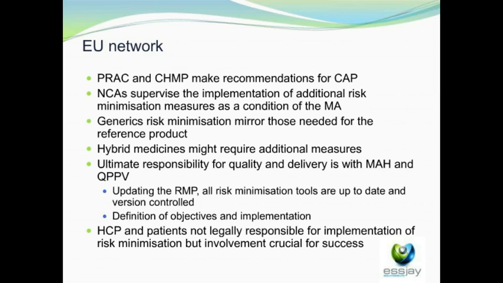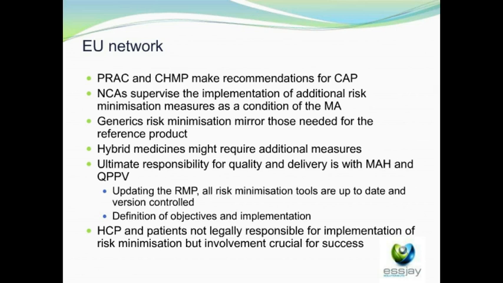So if we look again at Module 16, you'll see that there's discussion about the EU network. And certainly these are all new implementations or requirements as of the implementation of the EU legislation. For centrally authorized products, it would go through PRAC, which, as you probably know, is the Pharmacovigilance Risk Assessment Committee.